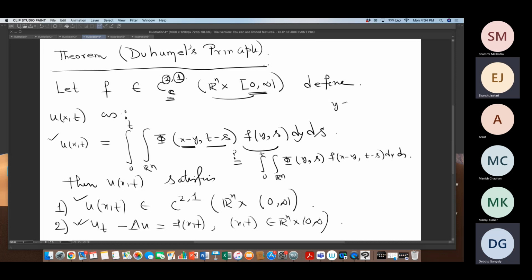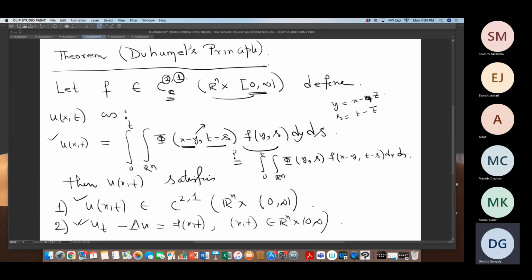Translating the measure. Yes, you just put y equal to x minus z, and similarly s equal to t minus t bar.